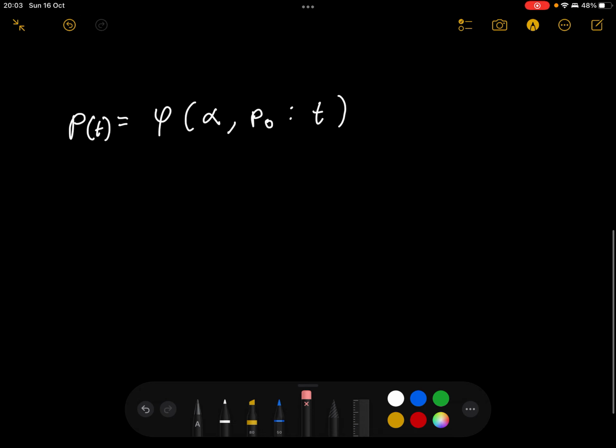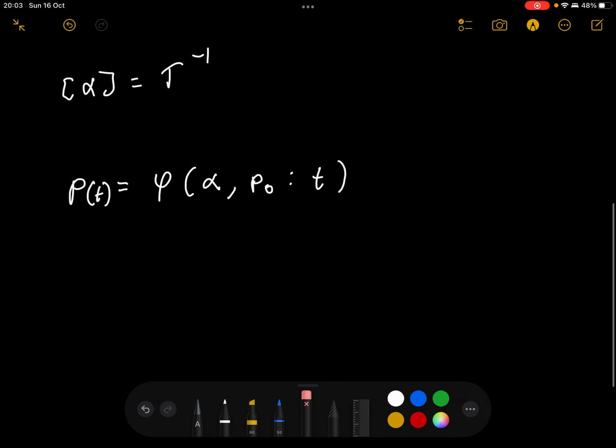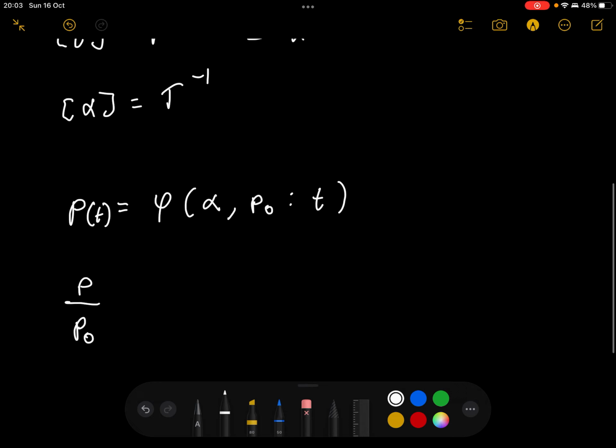Okay, so what we want to do now is normalize, in the same way you would normalize a vector, kind of, but we don't want to normalize the magnitudes, just remove the dimensions from the problem. So over here we have a dimension of P. So we want to divide through by something, in this case P0, to remove the dimensions.